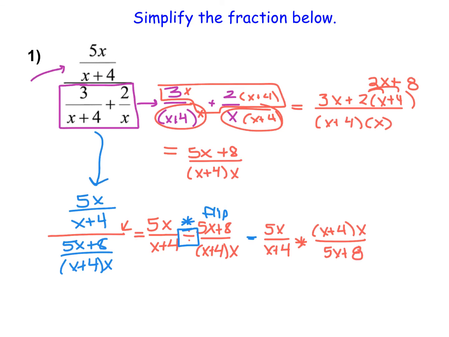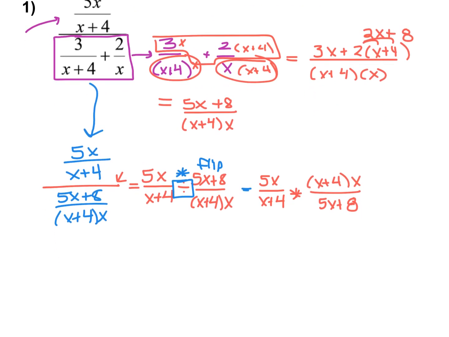Now that I have a multiplication problem, I know that I can simply multiply across and then cancel out any common factors that they have in common. So here, this would become 5x times x plus 4 times x. And then in my denominator, I would have x plus 4 times 5x plus 8.